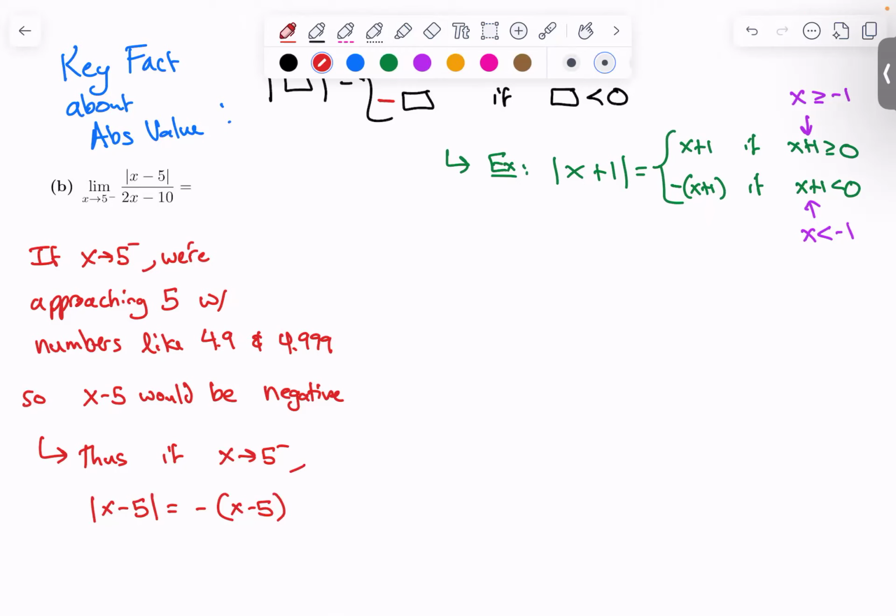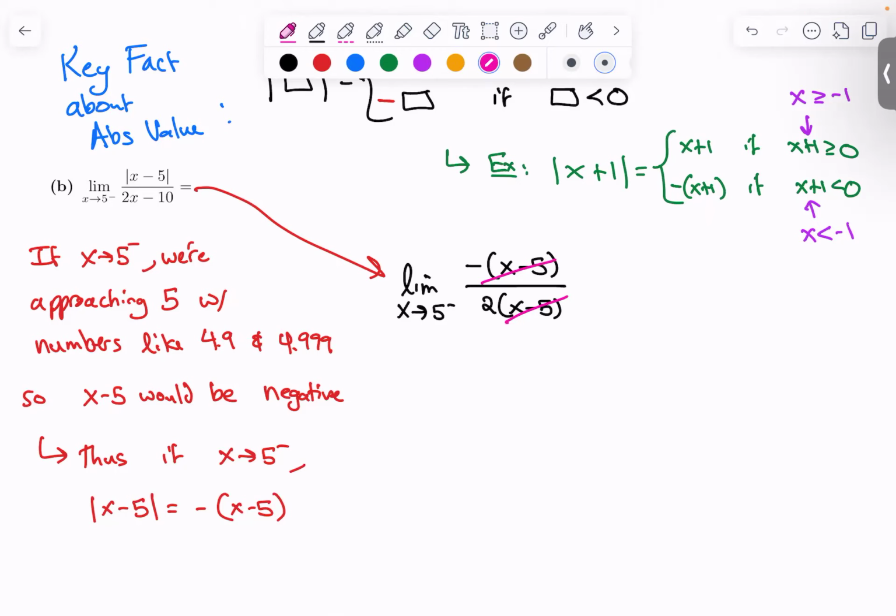So this becomes, with that information from red, the limit as x approaches 5 from the left of negative x minus 5 over 2 times x minus 5. And now I can cancel them. Now that I have quote unquote evaluated, I haven't really evaluated, but I have taken into consideration the information given that x is approaching 5 from the left, which means that the inside of the absolute value would be negative.